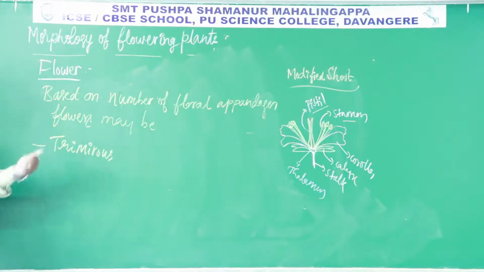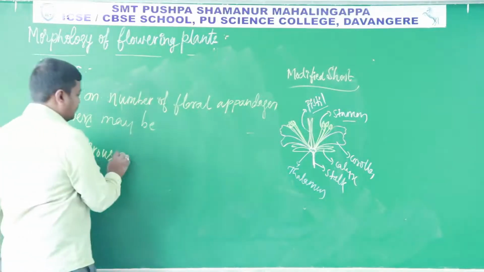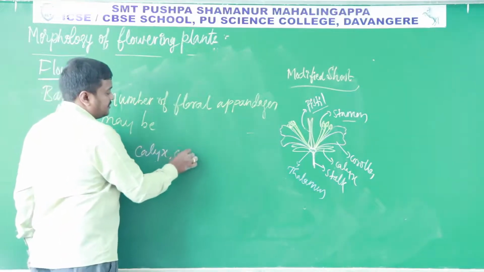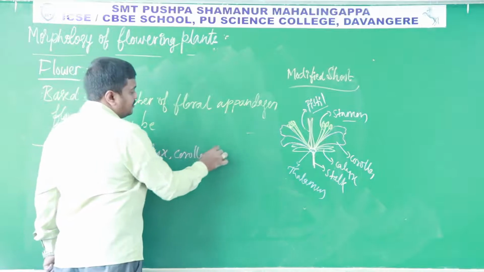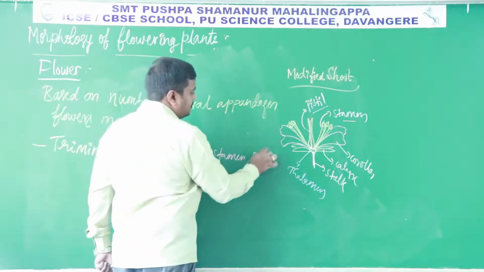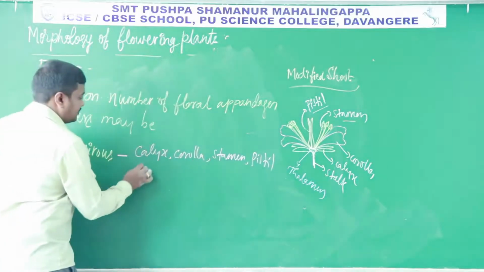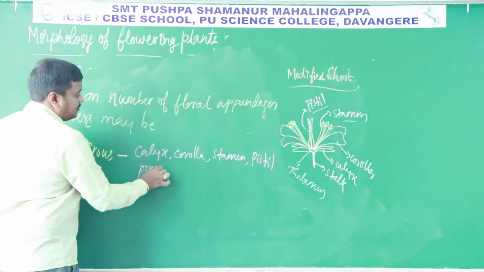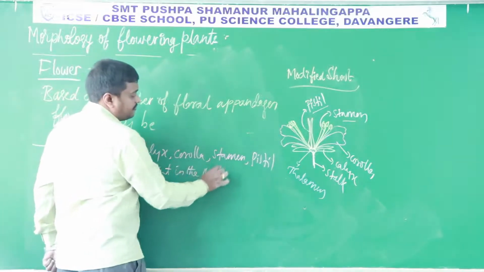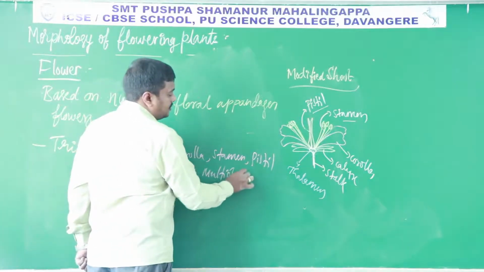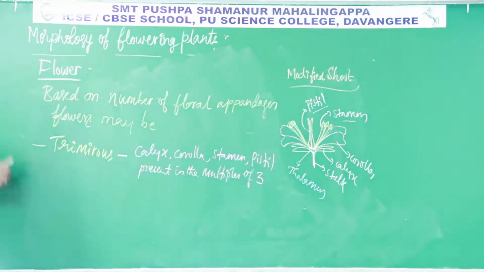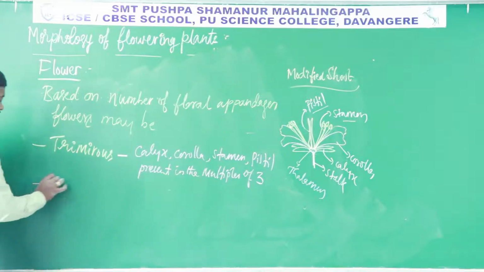Okay, tri means 3. That means calyx, corolla, stamen, pistil present in the multiples of 3. 3 should be there or multiples of 3.